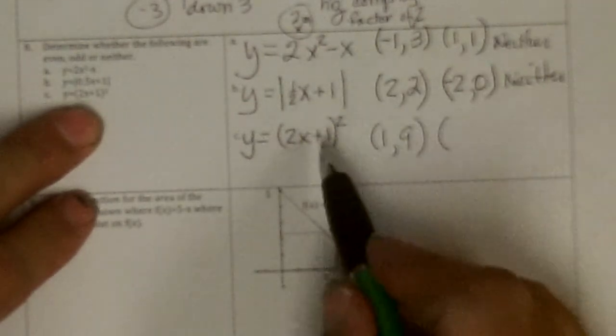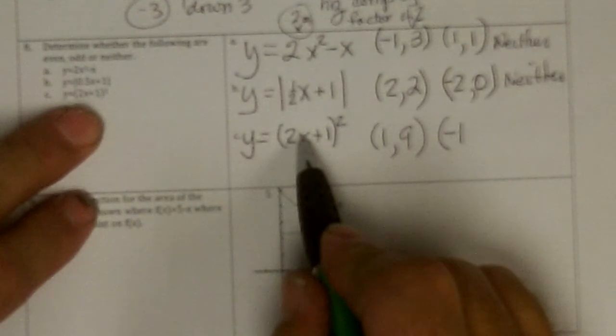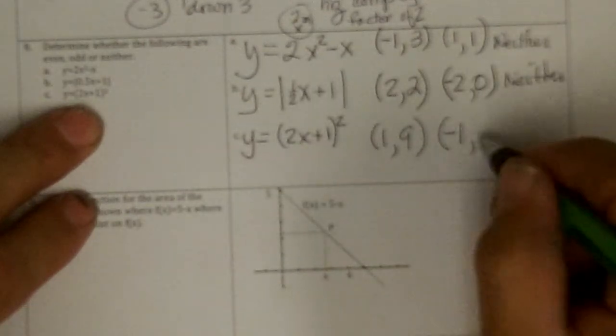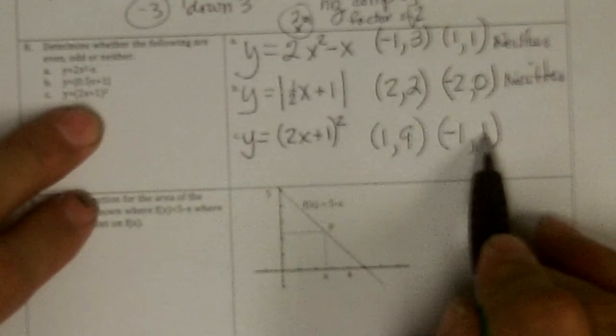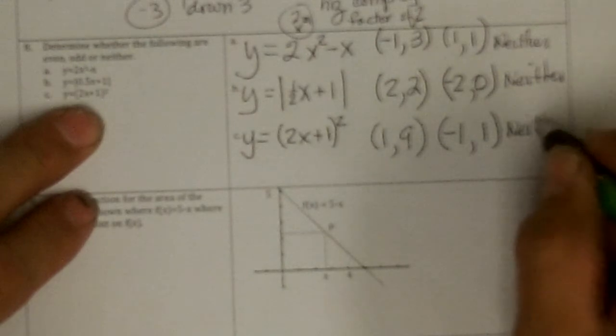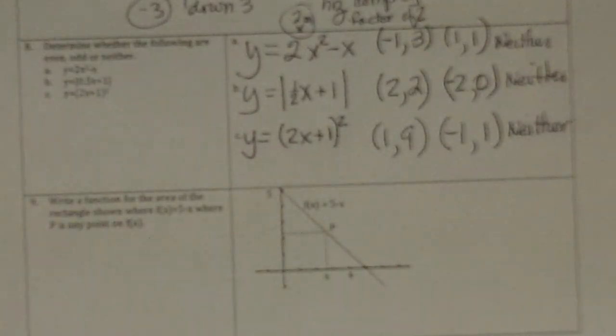Now I'm going to put in negative 1. 2 times negative 1 is negative 2, plus 1 is negative 1. Negative 1 squared is 1. The y didn't stay the same. The y didn't change sign. This one is a neither also. That would be evil if I did all of them as neithers.